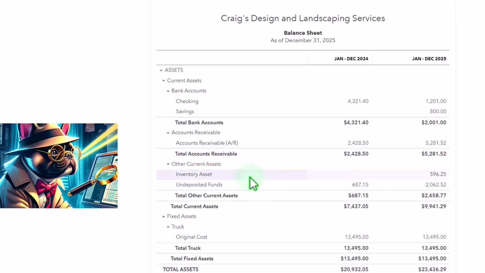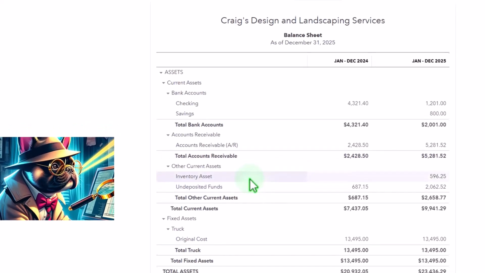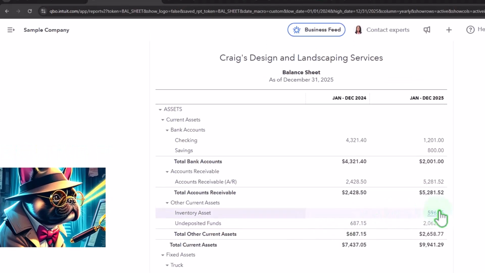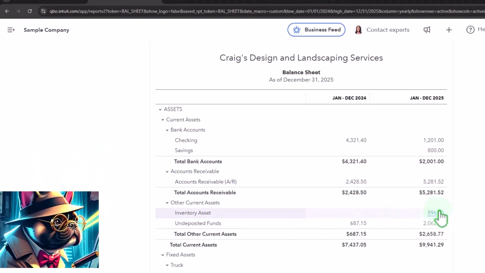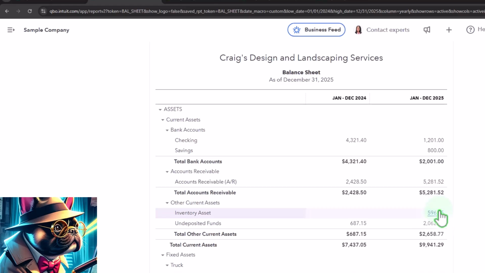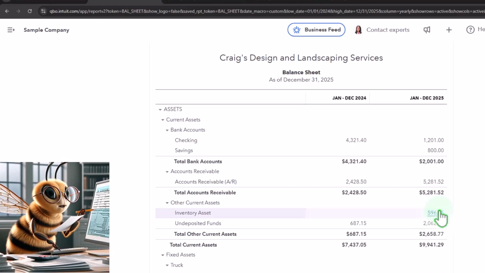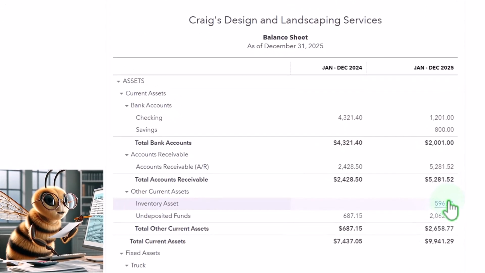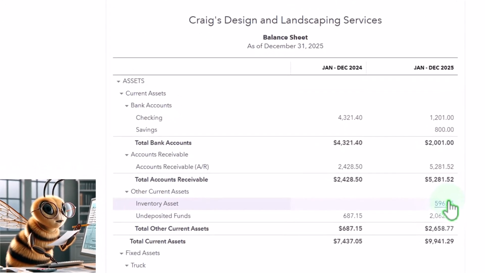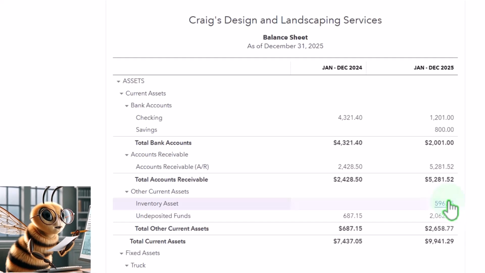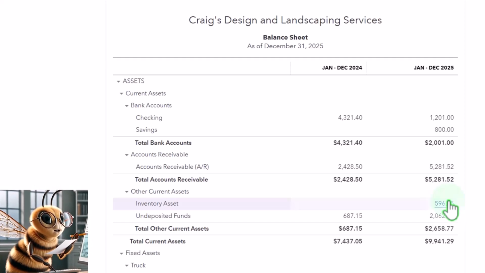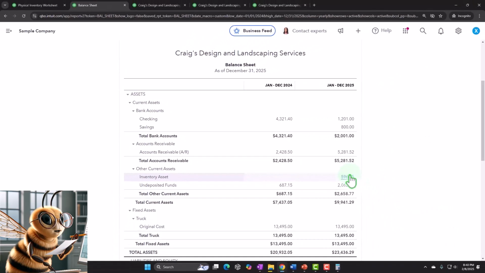With inventory, it's a similar situation, except that QuickBooks does not force us every time we post something to the inventory account to record an inventory item, which means it's possible, and quite likely if you're not careful, to have the subsidiary report not match what's on the general report over here. That's a problem for inventory, so you want to be careful of that if you're using a perpetual inventory system.